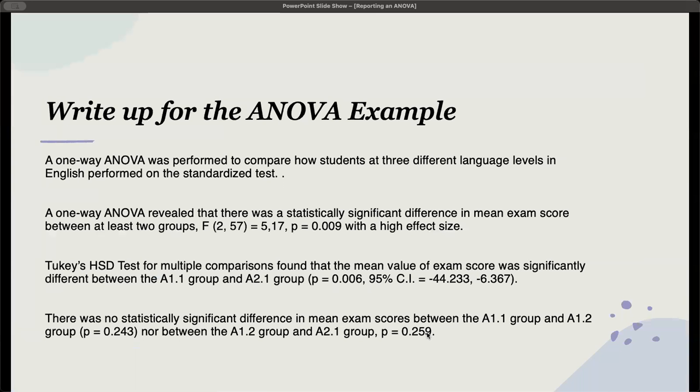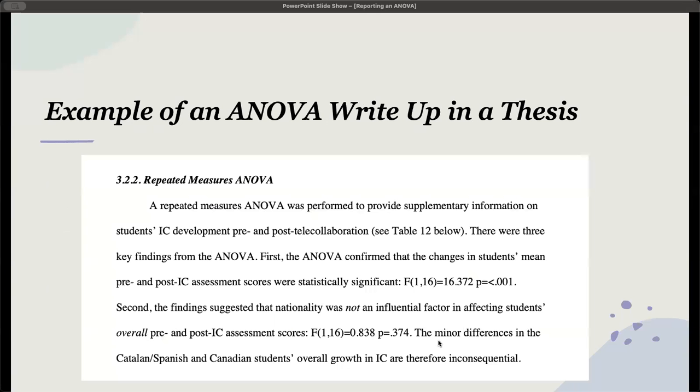So if we go back to the next page, we can see that we reported only the one that was significant here, but then in the next line, there was no statistically significant difference in mean exam scores between the A1.1 group and the A1.2 group, p = 0.243, nor between the A1.2 group and the A2.1 group, p = 2.59. So that's how you would write up the ANOVA.